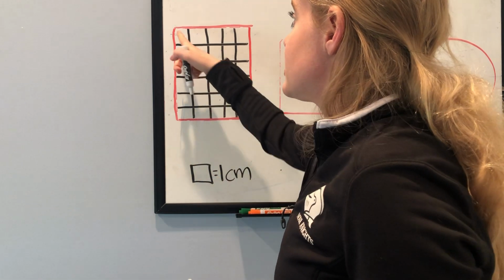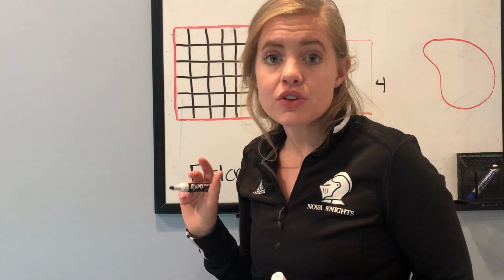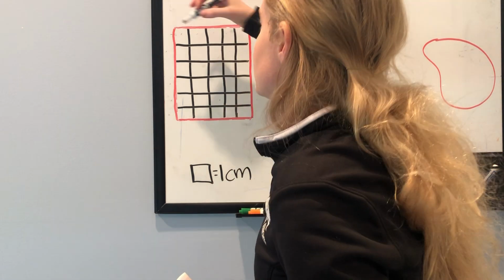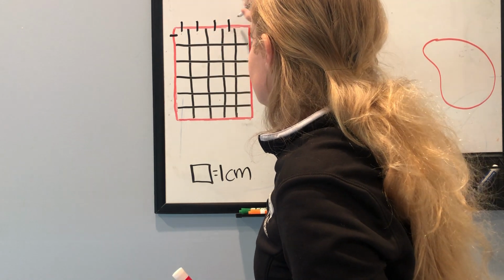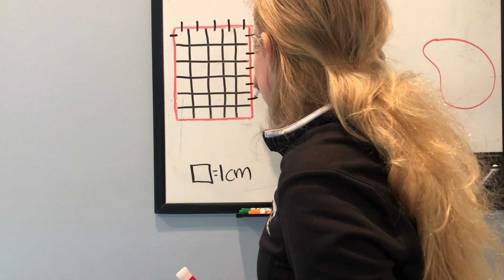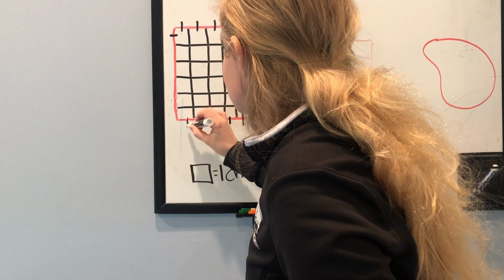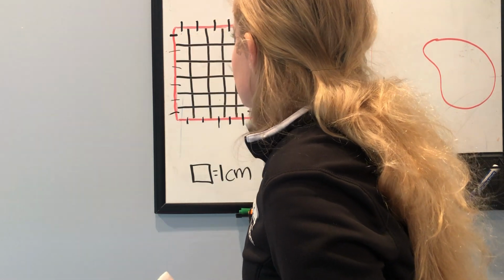I always start in the top left corner, and I always mark it. Make sure that you mark it so that you don't count 2 units twice. So this is how we're going to count it: 1, 2, 3, 4, 5, 6, 7, 8, 9, 10, 11, 12, 13, 14, 15, 16, 17, 18, 19, 20, 21, 22.